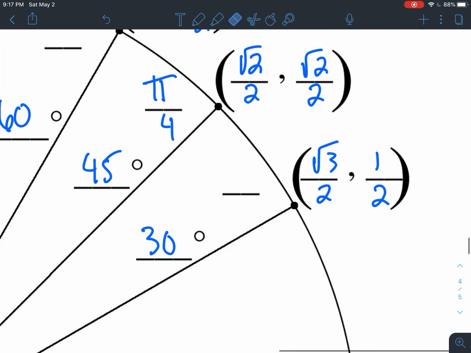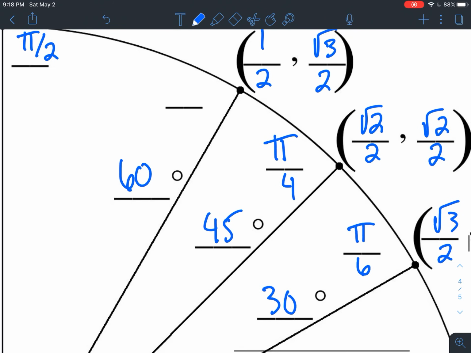So if you did that here, 30 degrees times pi over 180 reduces to pi over 6. If you went to 60, 60 times pi over 180 reduces to pi over 3.